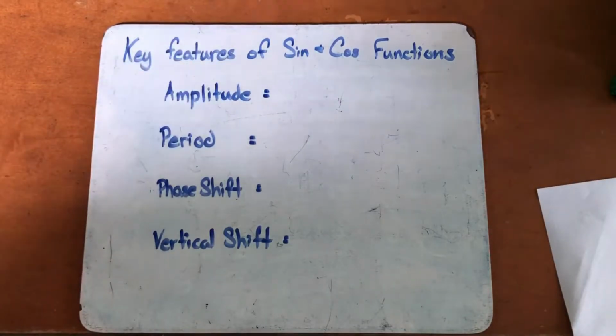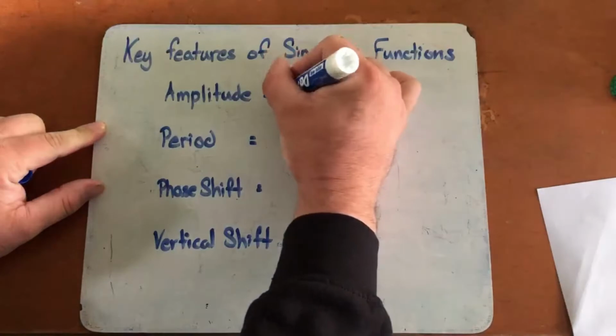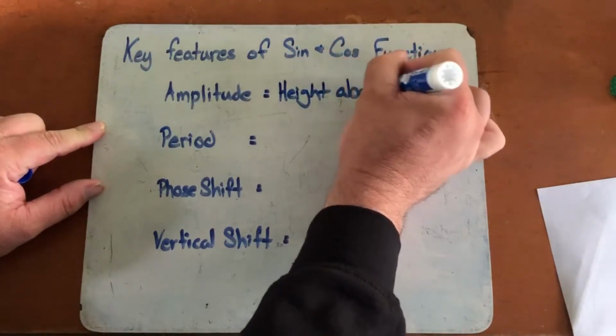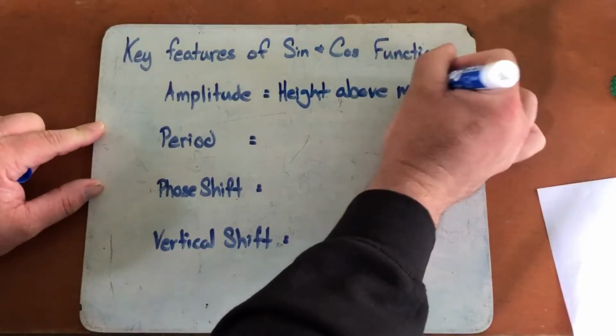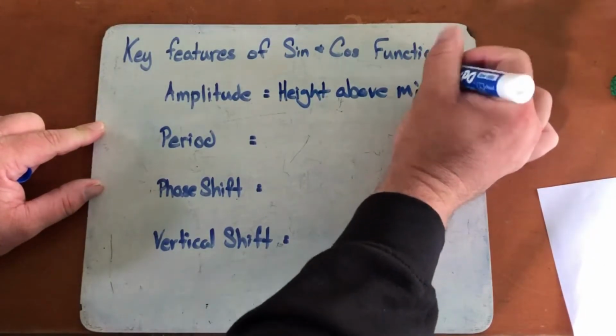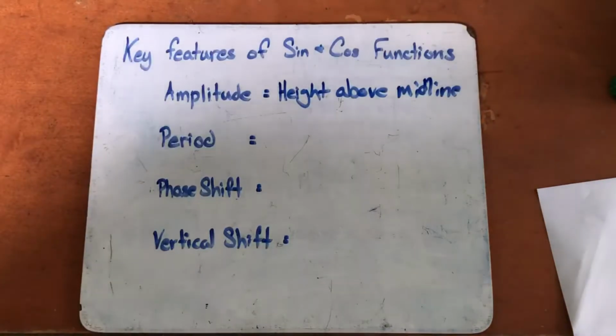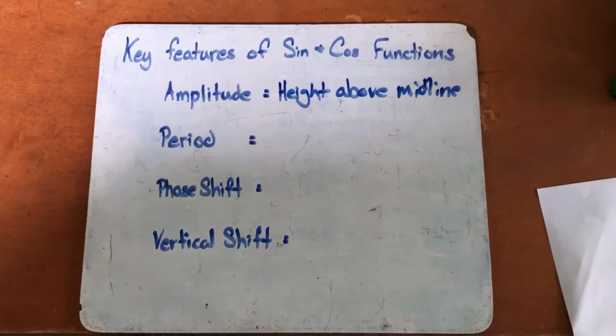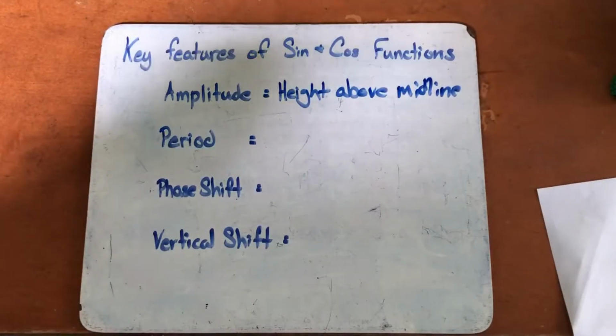All right. So the amplitude, the easiest way to think of it is kind of the height above what I like to refer to as the midline. Normally the midline for sine and cosine is the x-axis. So my amplitude is how high above the x-axis or how far below the x-axis that my graph goes.